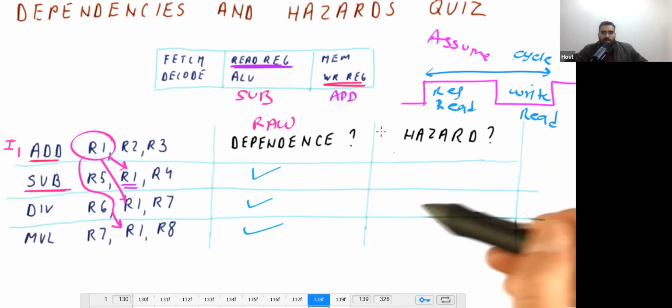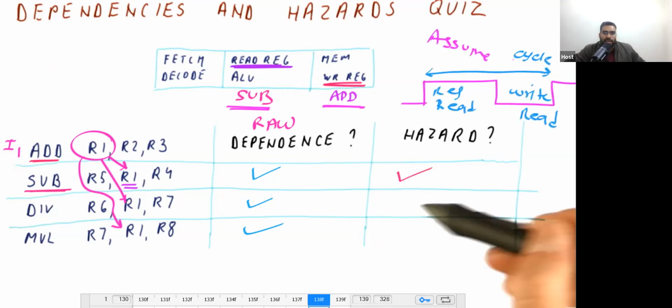In this situation, in the first half you are reading the register, means there is no split phase, then definitely the subtraction is reading the wrong value, right? Do you agree that this subtraction operation is reading the wrong value? So that is the hazard.